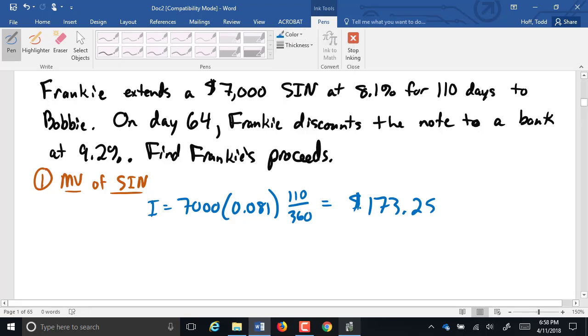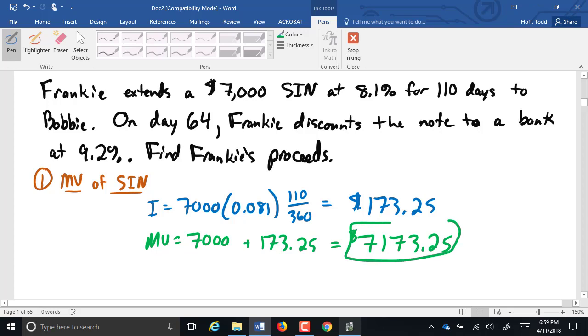Then of course we have to add the interest of $173.25 to the principal of 7,000. We get $7,173.25 as our maturity value.